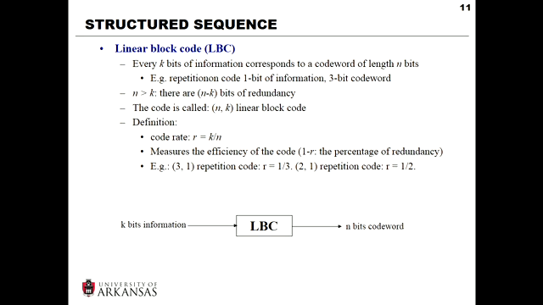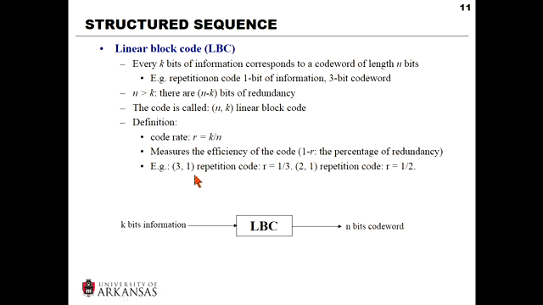The smaller the code rate, the more redundancy we have. And we would like the code rate to be as close to 1 as possible, which means we have as little redundancy as possible in terms of spectral efficiency, right? But inevitably, to get better protection, we might need a lower code rate. The code rate measures the efficiency of the code, and 1 minus R is the percentage of redundancy.